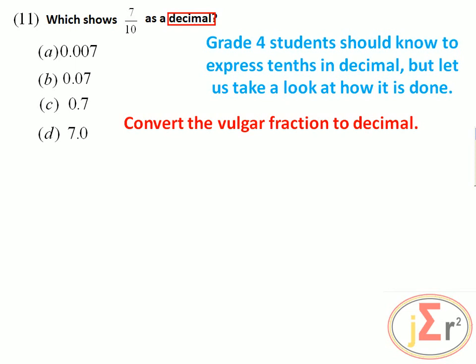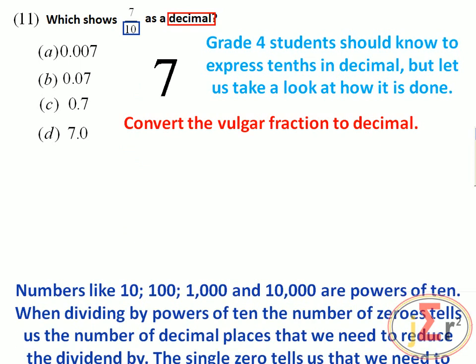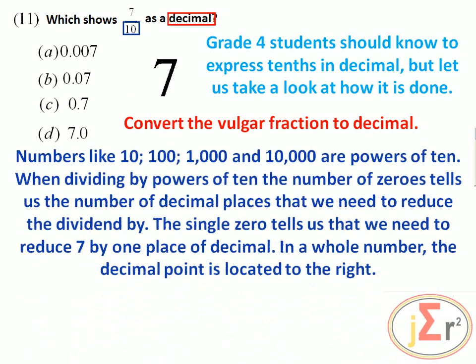Convert the vulgar fraction to decimal. How do we convert that vulgar fraction to decimal? Numbers like 10, 100, 1,000, 10,000 are powers of 10. When dividing by powers of 10, the number of zeros tells us the number of decimal places that we need to reduce the number by.